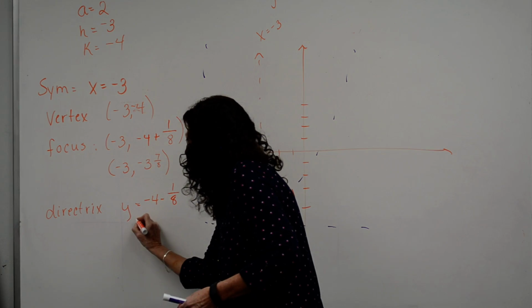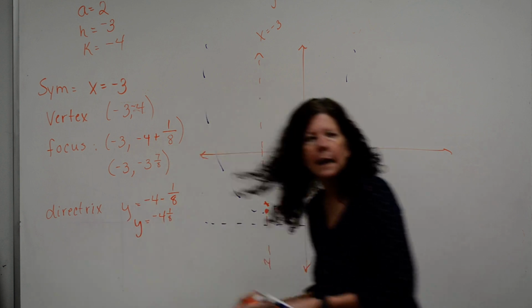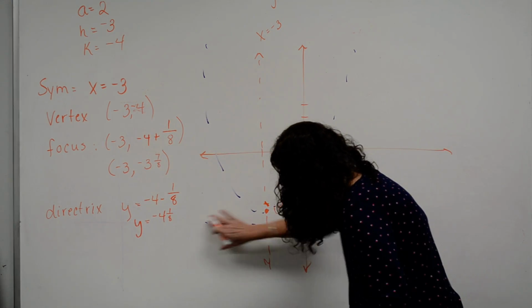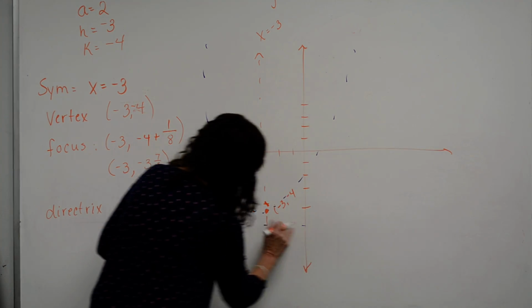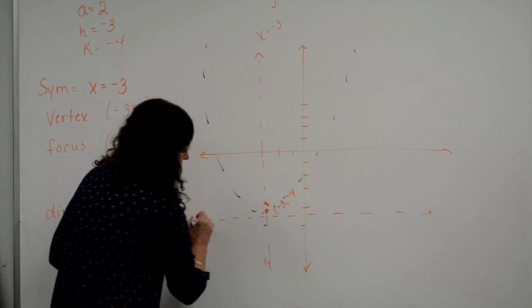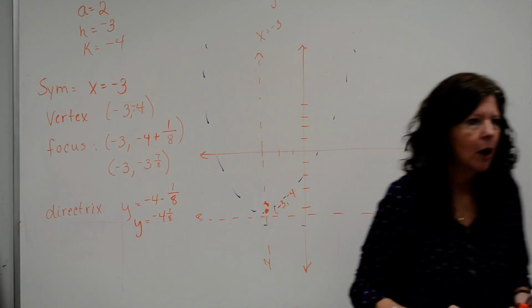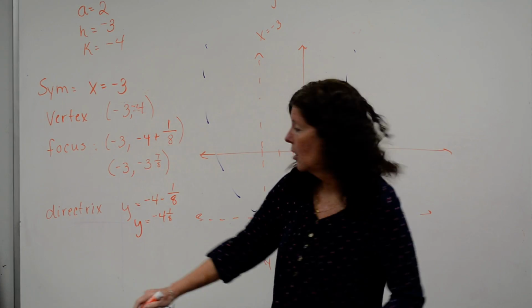So this is y equals negative 4 and 1/8. This is basically just 1/8 past that vertex. You with me so far? Okay, so far so good. Direction, we know that it opens up.